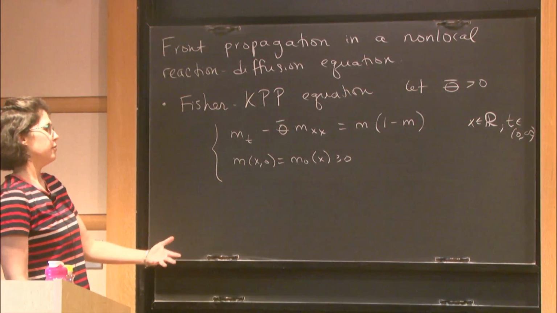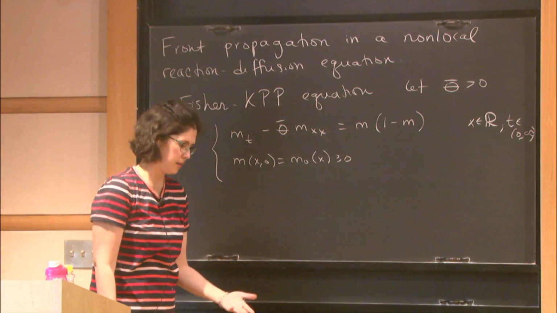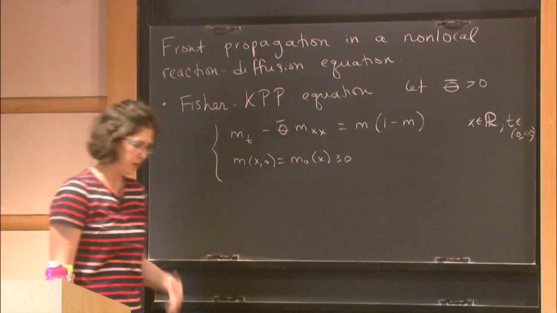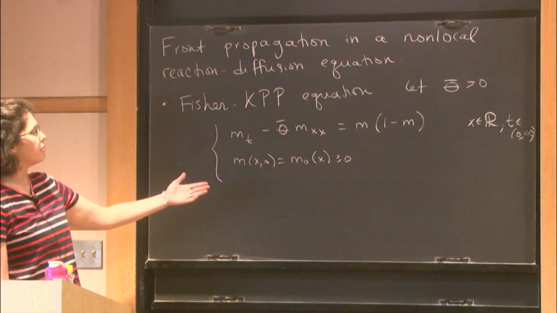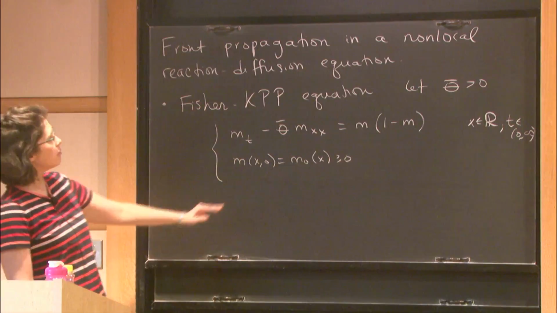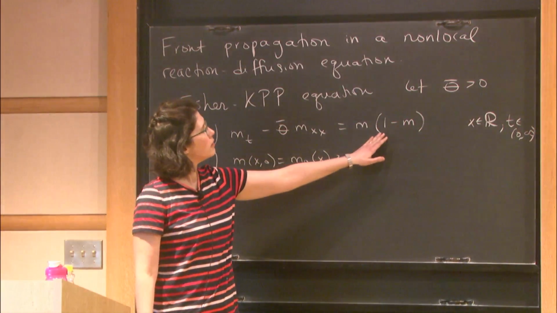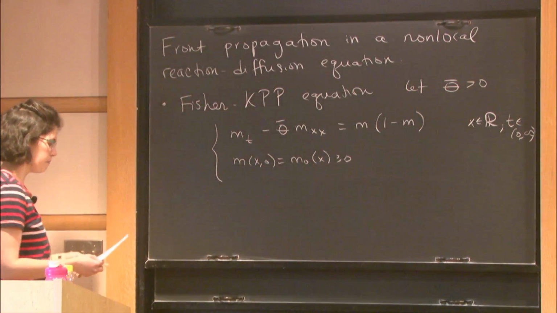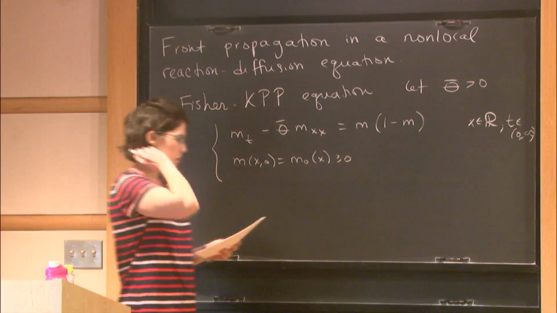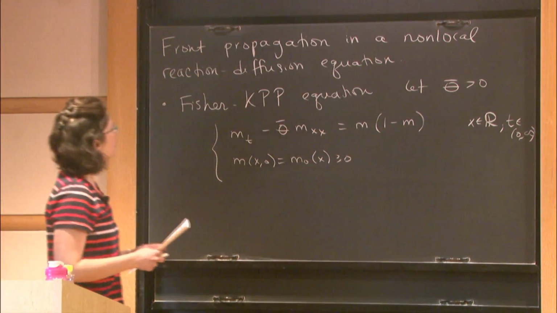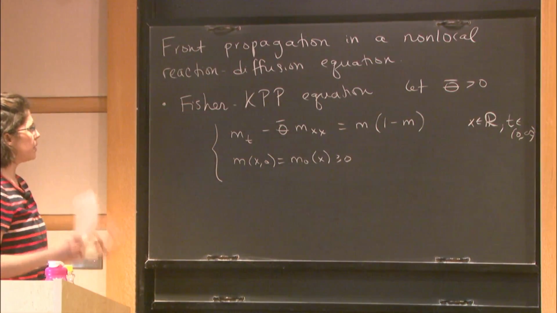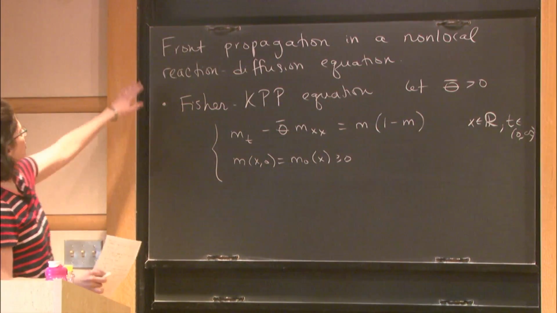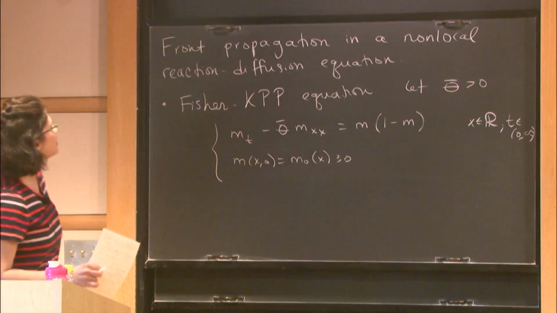You can also think of, and the context that we'll think of is ecology. So m is some density of individuals. When there are too many of them, they stop growing or grow more slowly.